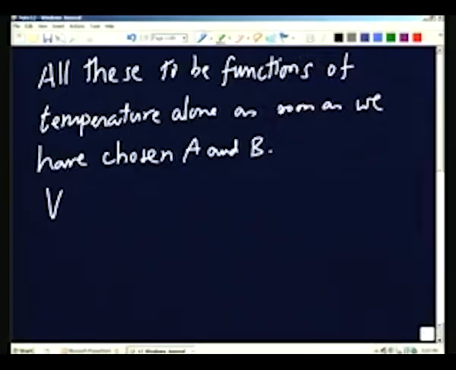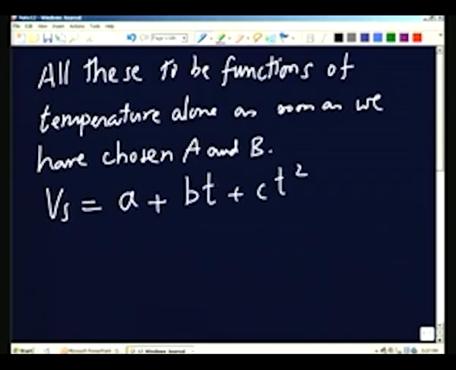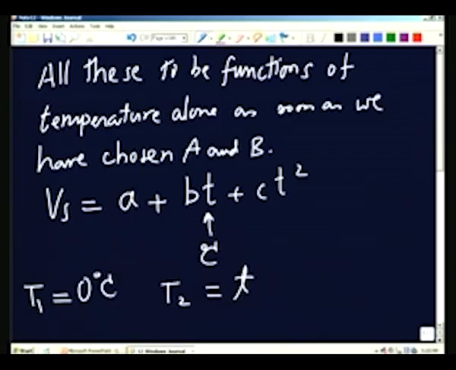Let me just take a simple expression for Vs. Suppose I take Vs equal to some constant A plus B times T plus C times T squared, where I will take T in degrees Celsius. In the earlier case, T1 and T2 were there. I will take T2 equal to T, and this I will take as 0 degree centigrade, or the ice point.